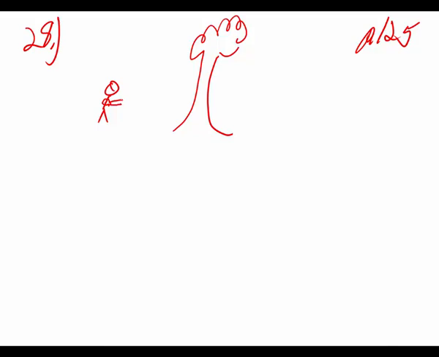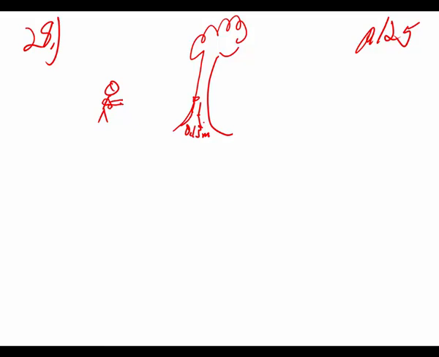There's the trigger guard. Boom, the bullet comes out and impacts the tree. And that depth right here is 0.13 meters.